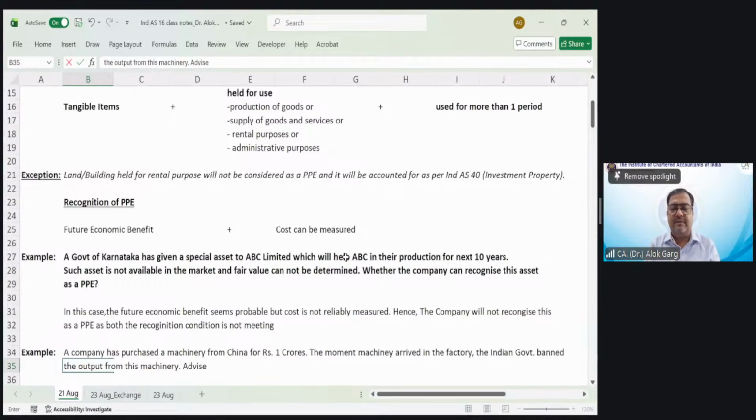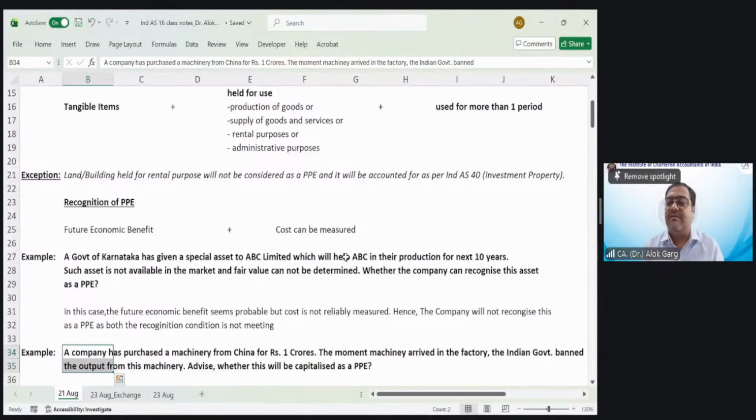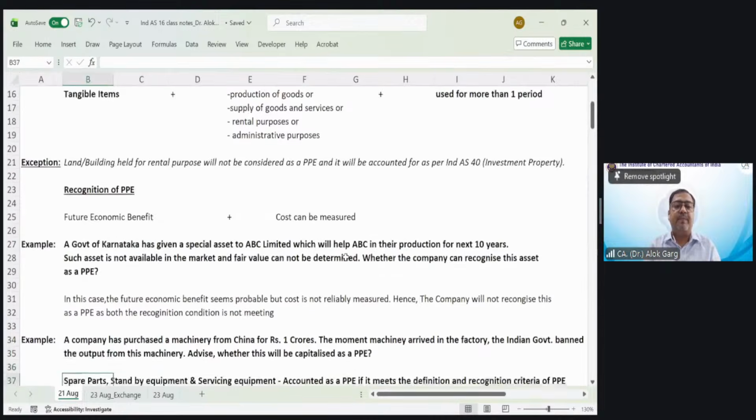Advise whether this will be capitalized as a PPE.